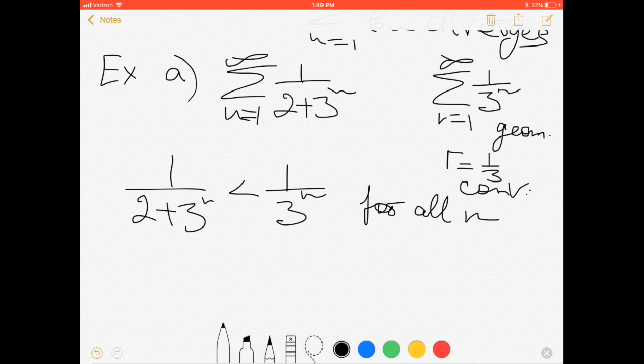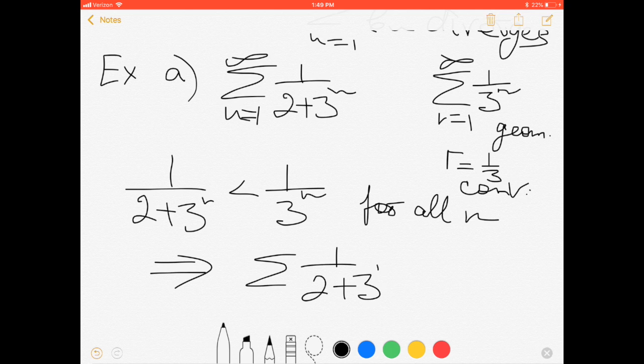We found a series whose term is greater than our series, and this series converges because it's a geometric series with r equal 1/3. This means our series converges.